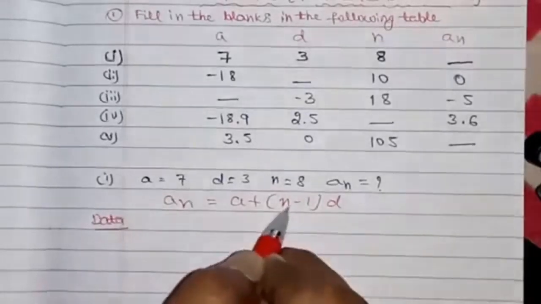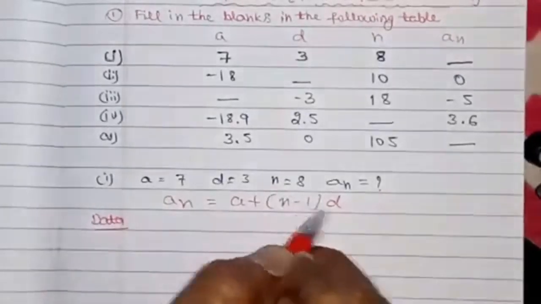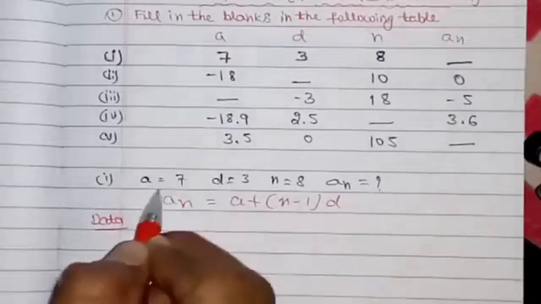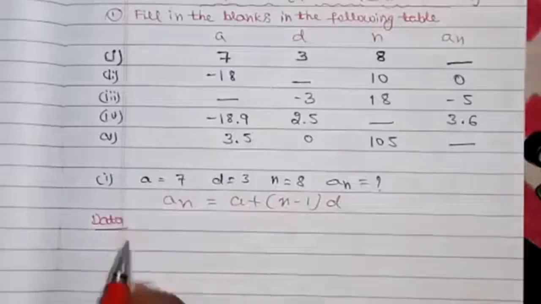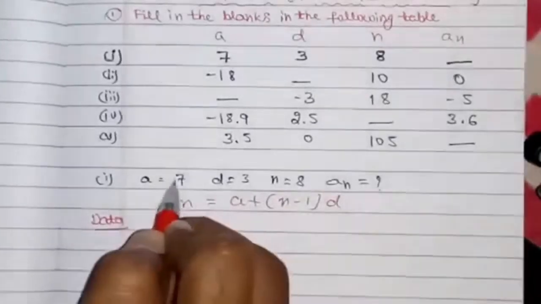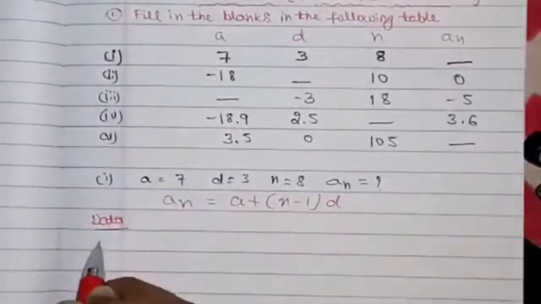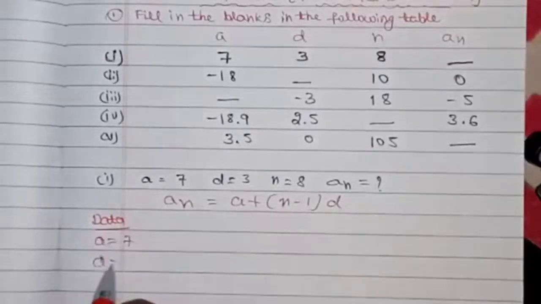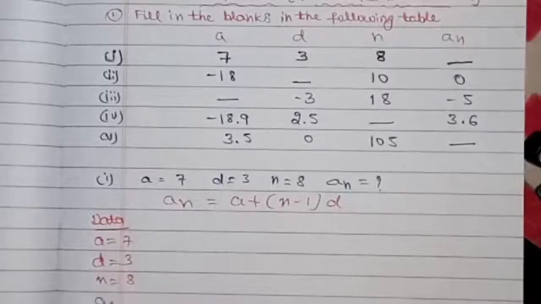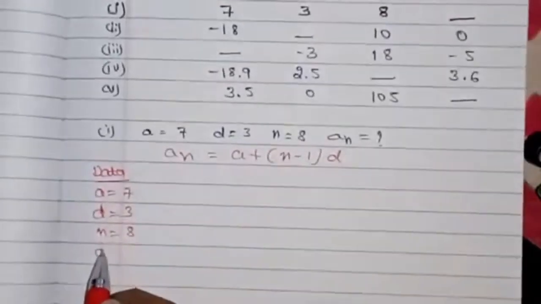So a is equal to 7, d is equal to 3, and n is equal to 8. So you need to find the nth term.